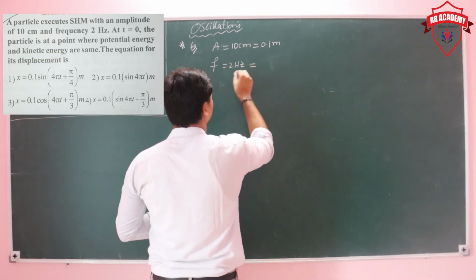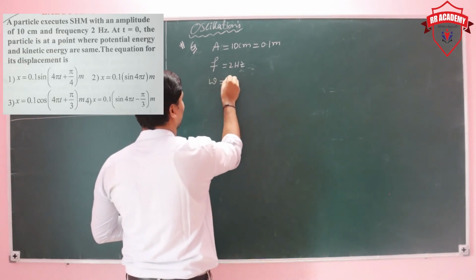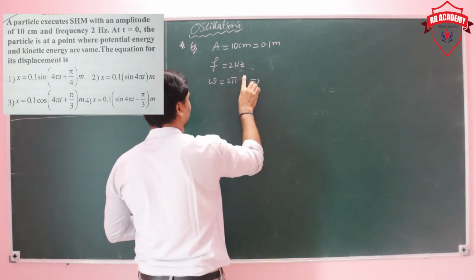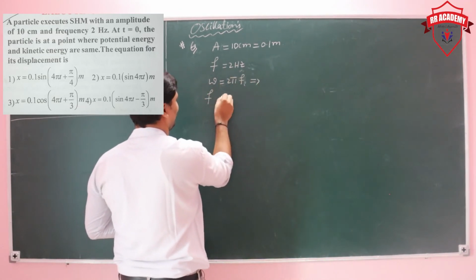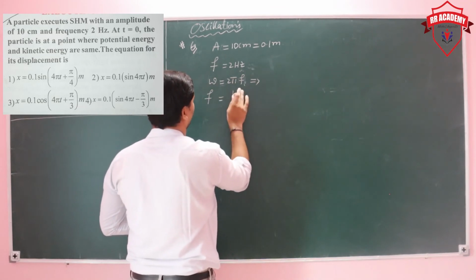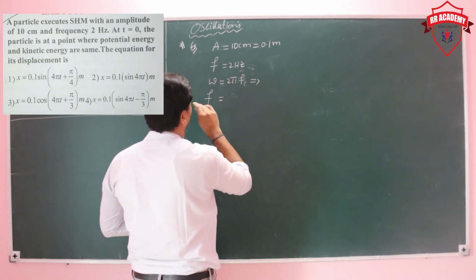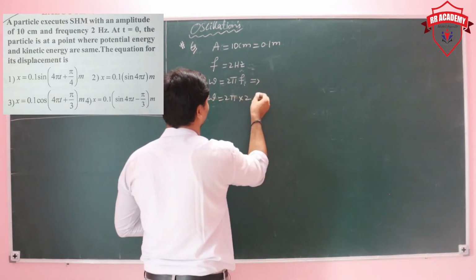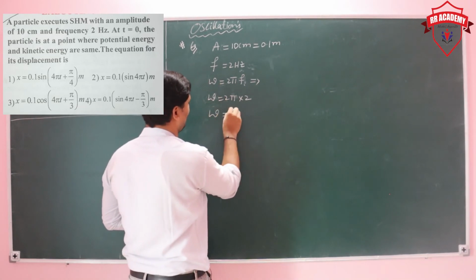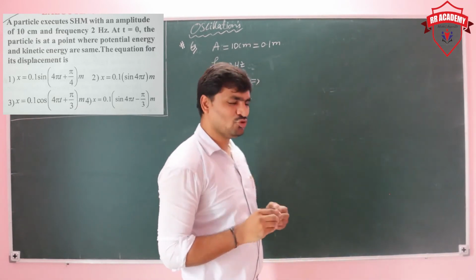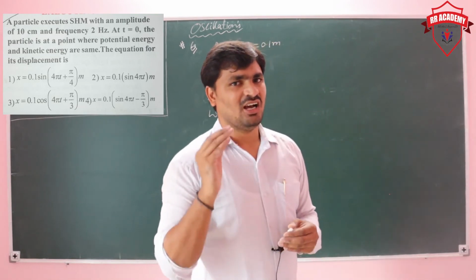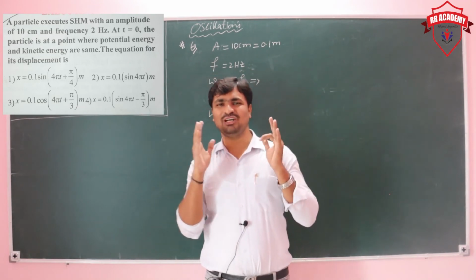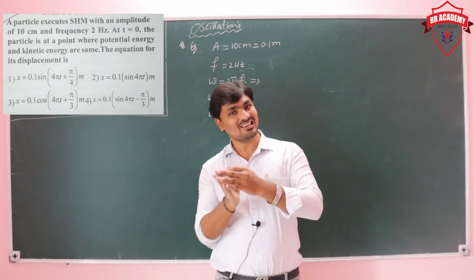Generally omega is equal to 2 pi into frequency, 2 pi f. That means omega is equal to 2 pi into f. F is 2. Then omega, how much are you getting? 4 pi. And one more condition they have given, that at where the potential energy and kinetic energy are same.